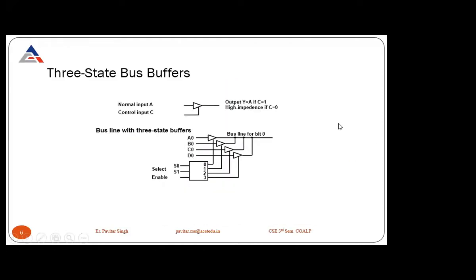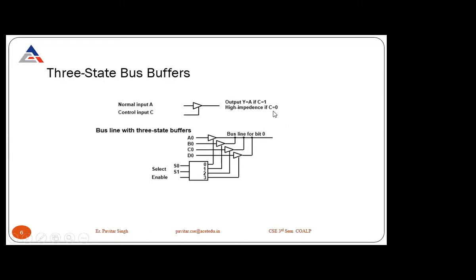Next, the same concept will be achieved with the help of the second method, and the name of the method is 3-state bus buffers. A 3-state bus buffer is a special circuit which has one normal input A and one control input C, and you will get the output Y equal to A as such if C is equal to 1, right?